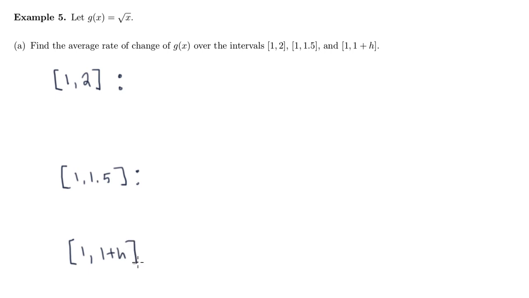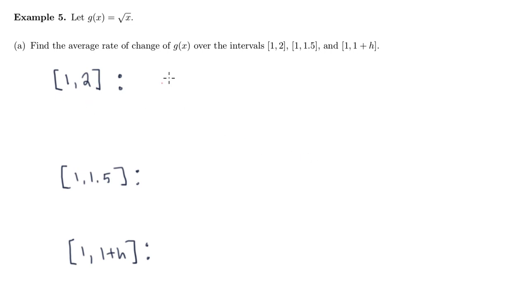And here h we'll just think about as being a positive number. Later on, it will be no mystery why we're looking at an interval of this form. In fact, in the last example, we saw why we might be interested in looking at the average rate of change of a function over an interval that looks like 1 to 1 plus h. Okay, so let's jump in.